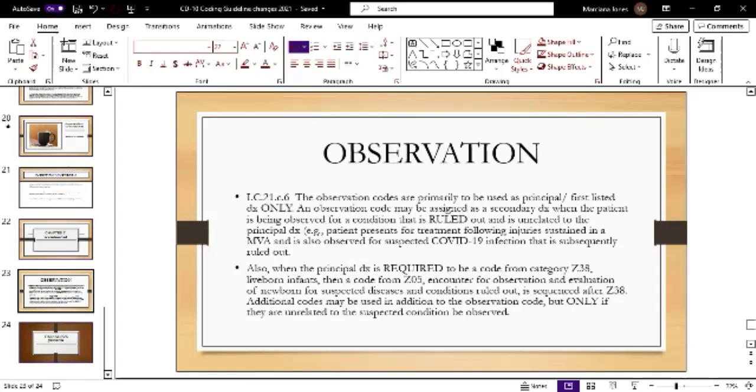Additional codes may be used in addition to the observation code, but only if they're unrelated to the suspected condition to be observed. Just like the motor vehicle accident has nothing to do with COVID. Those are two separate things. So that's what they're saying.